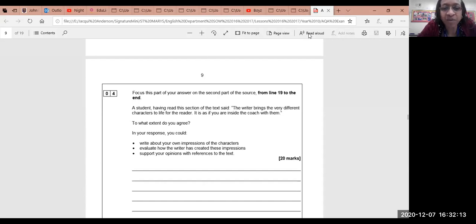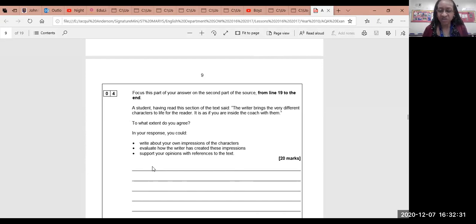Right, now you've planned your responses, your task now is to write them up using your PEAL format. But you've already got all of that in your annotations on your source, on the extract.